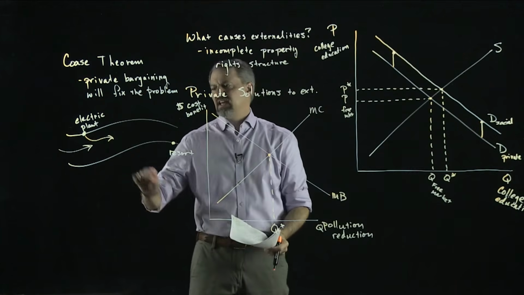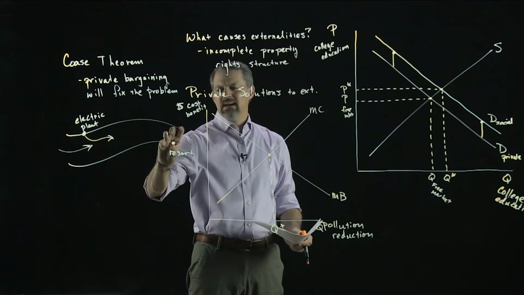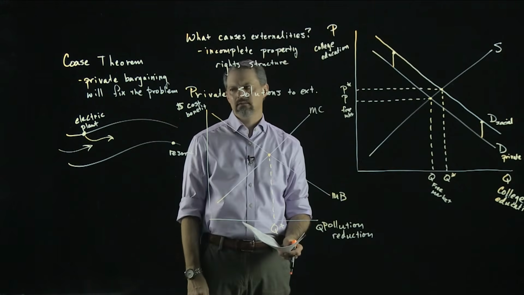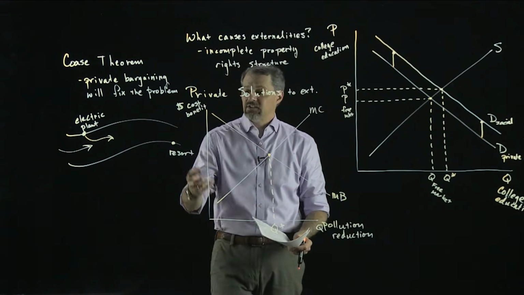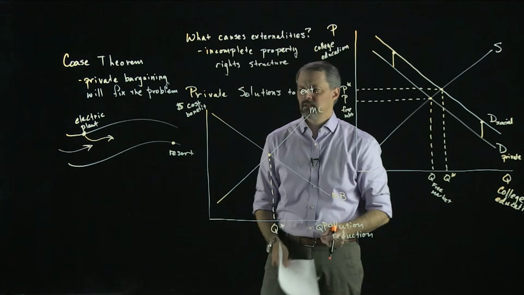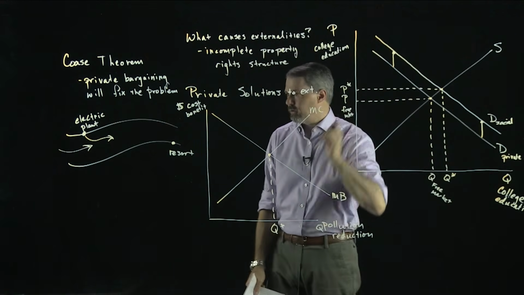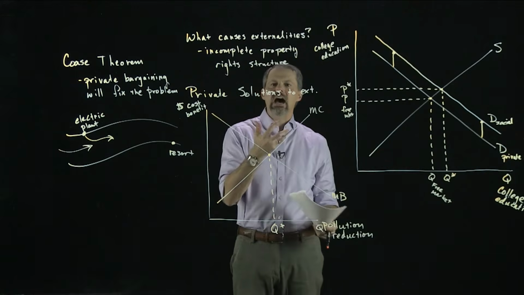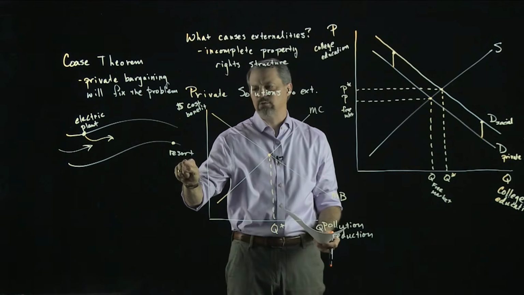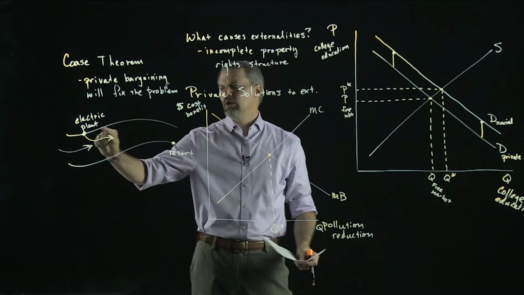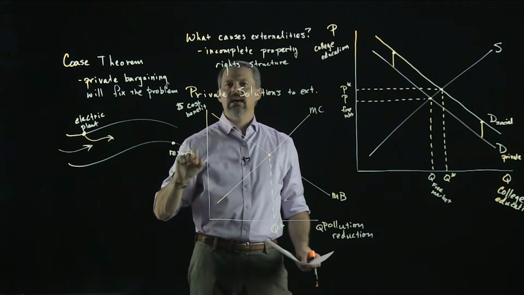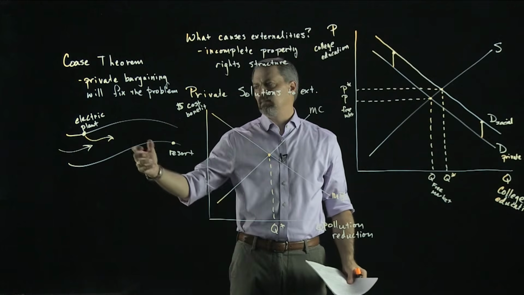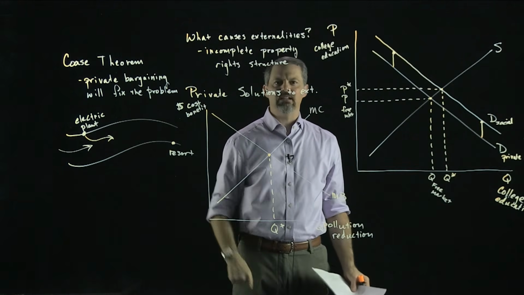And let's suppose that warm water makes it uncomfortable for people at my resort to get into the water. Okay? And so that's hurting my business. So here's what the Coase Theorem says. The Coase Theorem says that I have an incentive as the resort owner to go to the electric plant and offer to pay them to reduce the amount of warm water that they emit into the river.